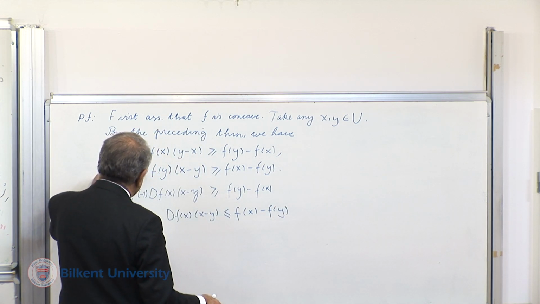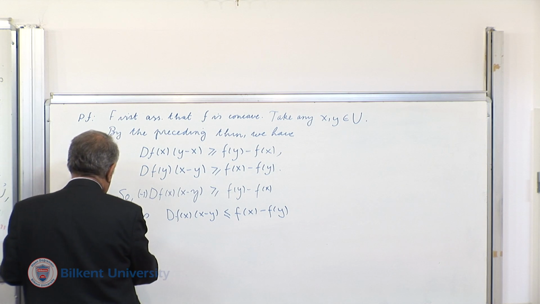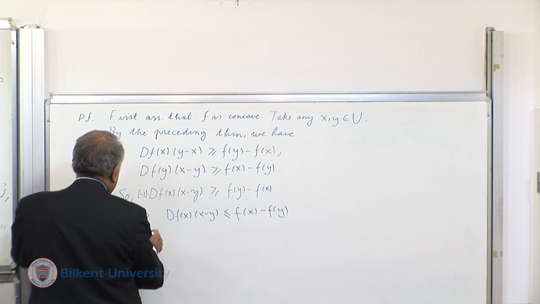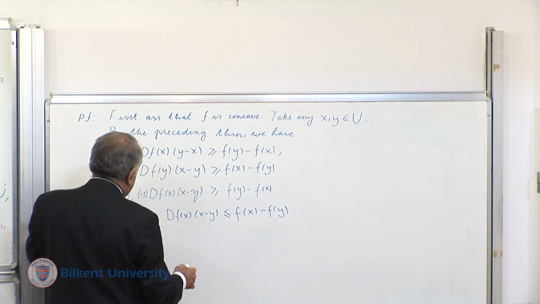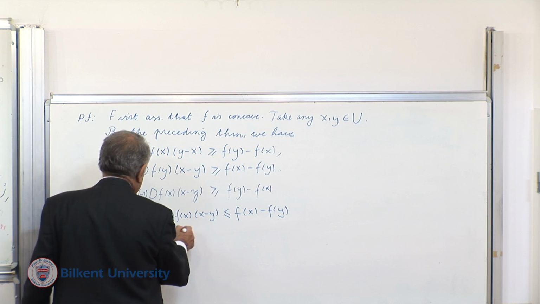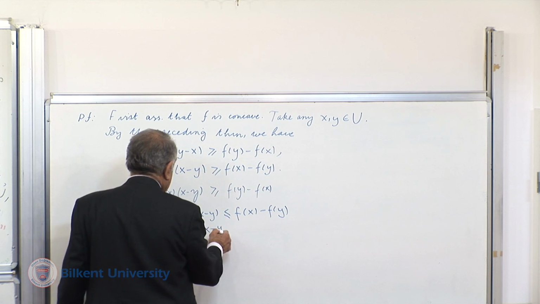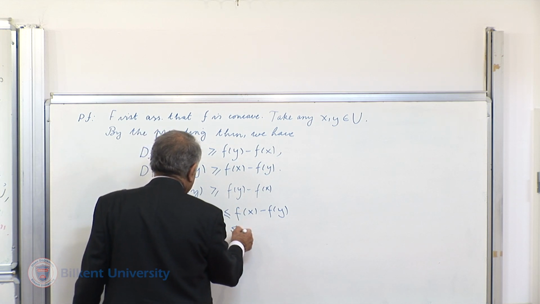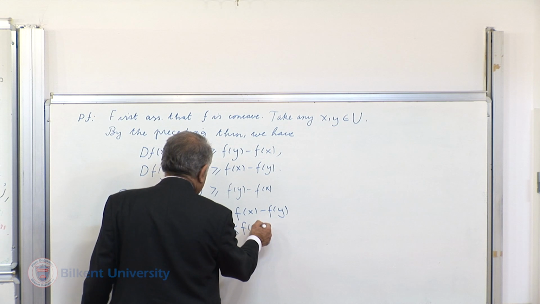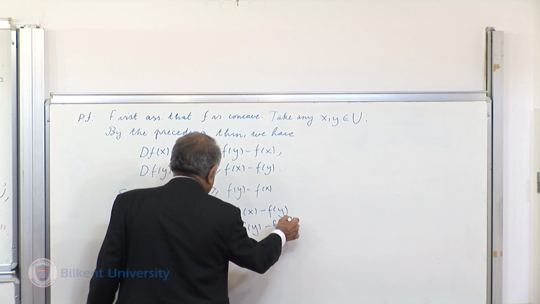Now from here, also, I need minus the df of y at x minus y. This will be less than or equal to f of y minus f of x.